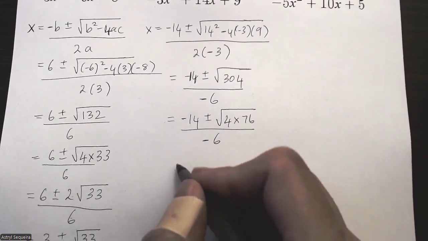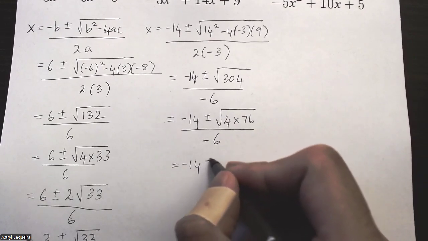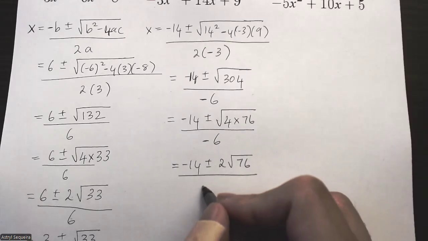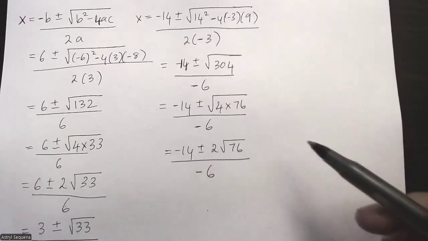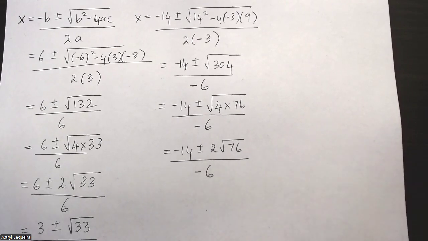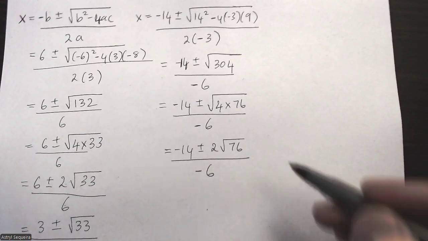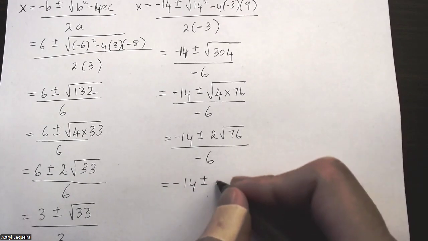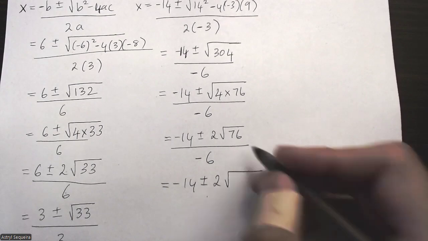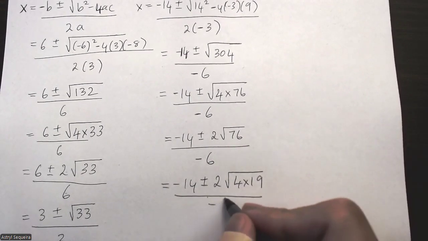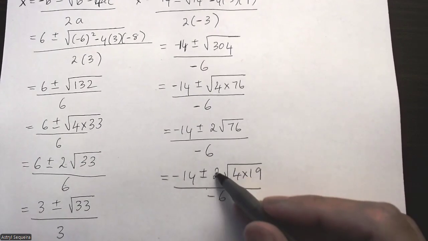And then I can bring the 4 outside and make it 2 root 76. But now, can I simplify 76 even further? Well, I can divide 76 by 4 again. So I can turn this into 4 times 19. And if I bring this 4 outside, it's another 2.